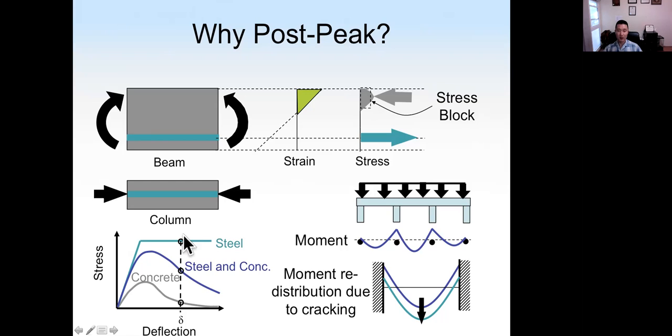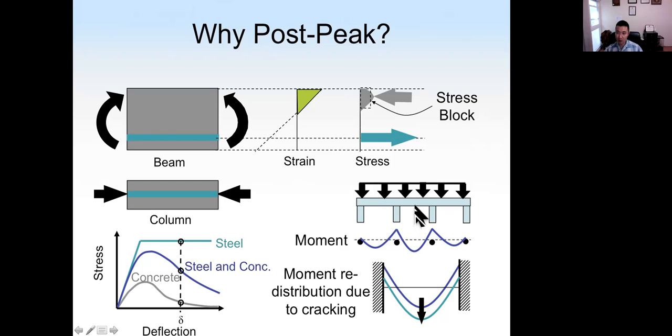The same thing applies to the column. This is a reinforced column. If the concrete cracks, the remaining part of the concrete can still work with the rebar to resist the load. And this is a continuous beam or slab on grade, slab on beams and columns.